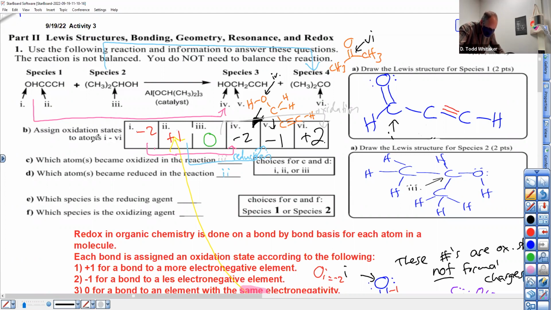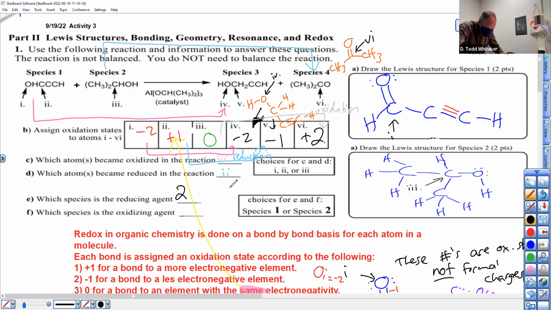So I find the reduction is atom 2 got reduced. Well, species 1 can't be the reducing agent. The other species caused the reduction. Species 2 is the reducing agent. And then I find where did the oxidation happen?